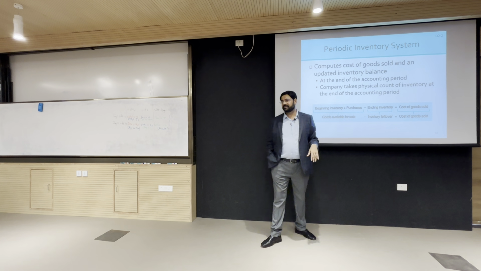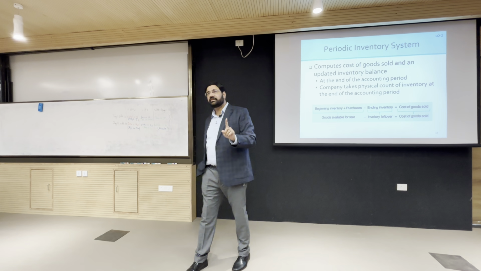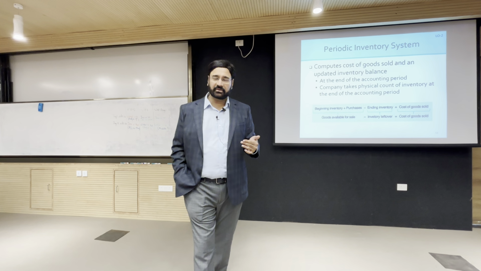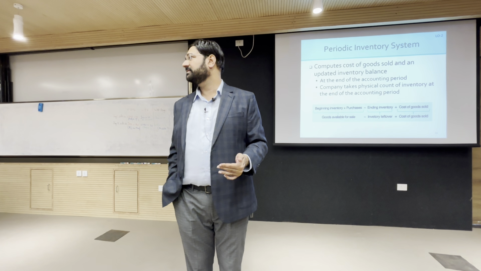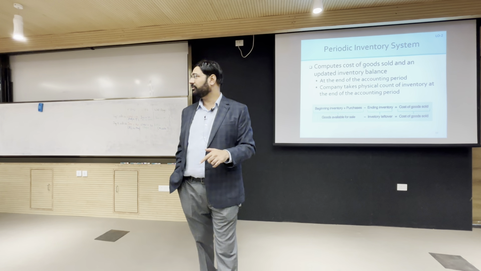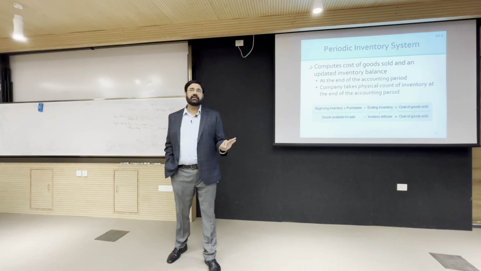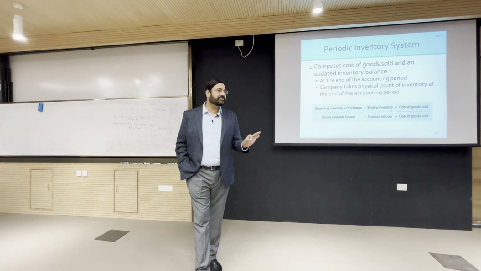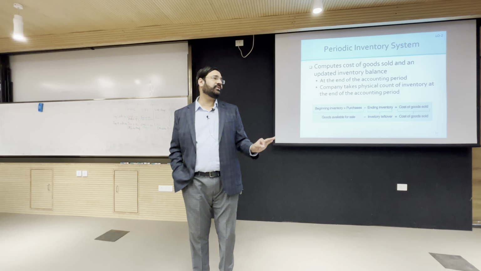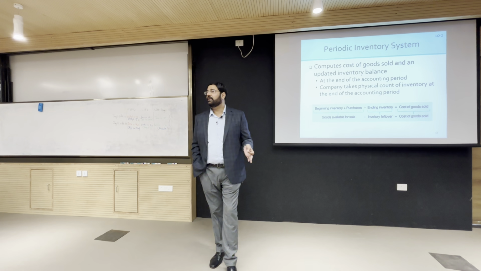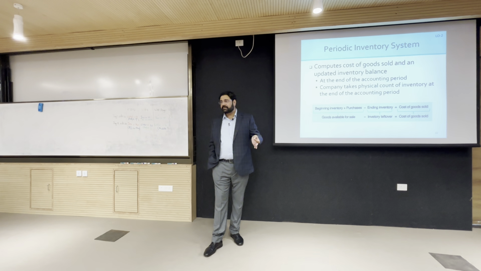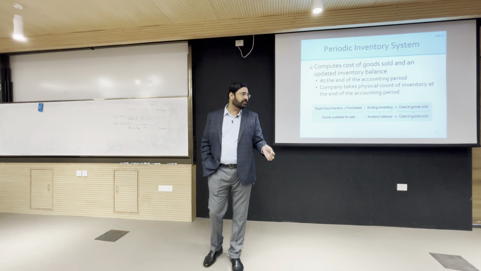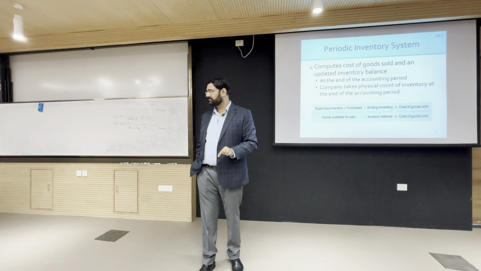Go to the next year. At the beginning of the year, the closing stock of 31st of March is the opening stock of 1st of April. The ending inventory of the previous period is the opening stock of the current period, right?